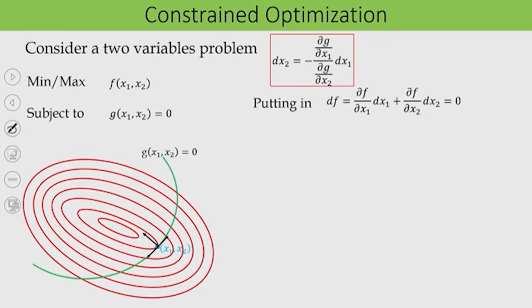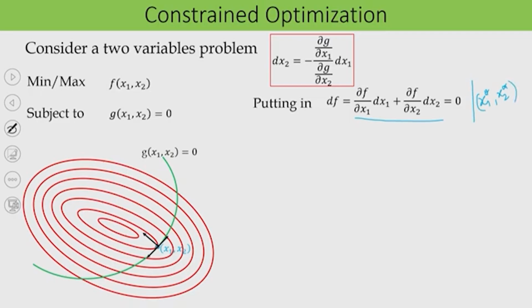This optimality condition we got from the necessary condition of optimality, that the total derivative at the optimal point, x1 star and x2 star, should be equal to 0.